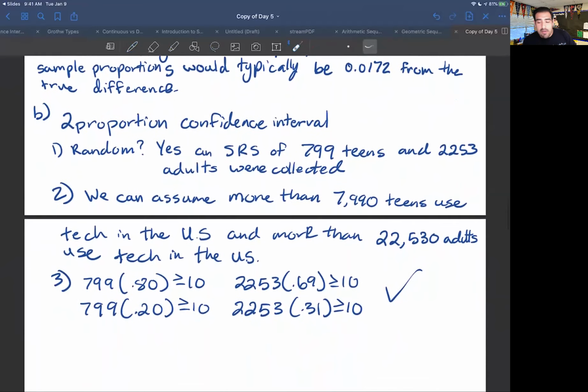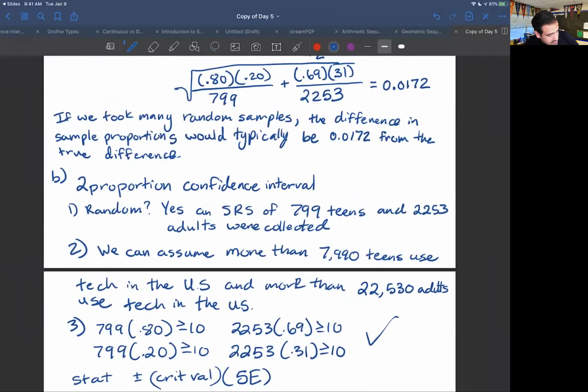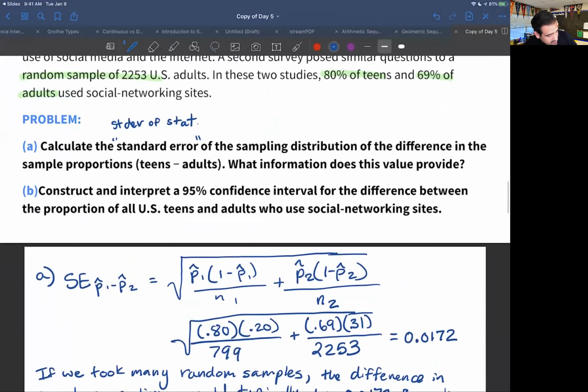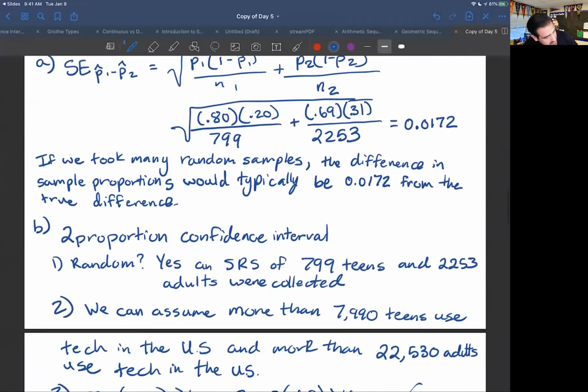Now we can actually run the critical value. So I know that my statistic, remember, it's the statistic plus or minus the critical value times the standard error, or the standard deviation of the statistic. So let's go based off of the sample that we've collected. I'm going to have to actually go back and look at my information. 80% of teens and 69% of adults.